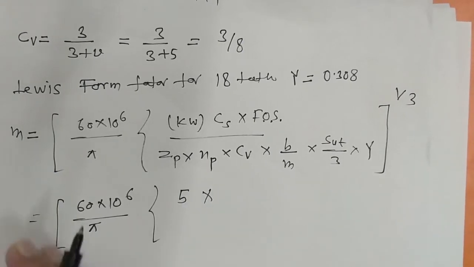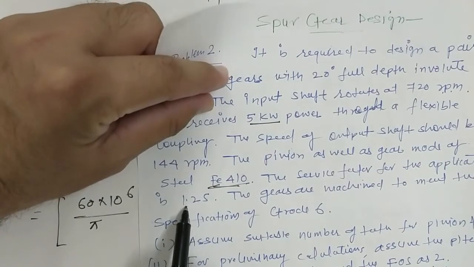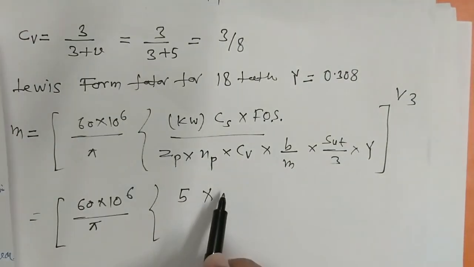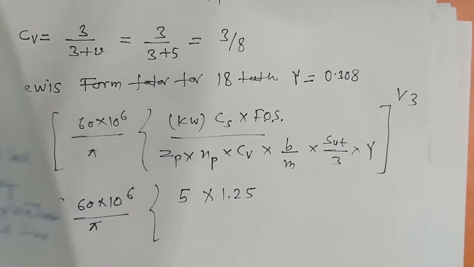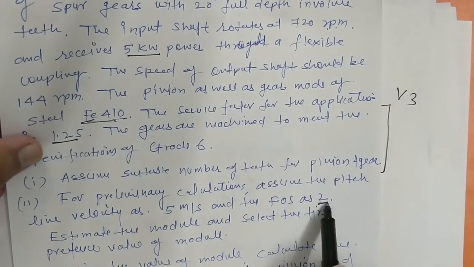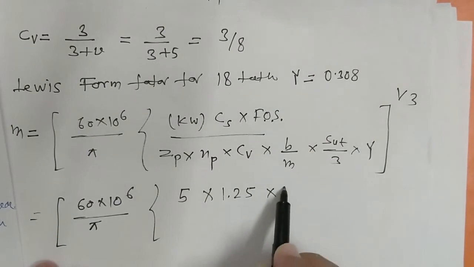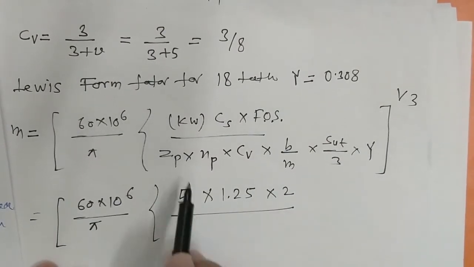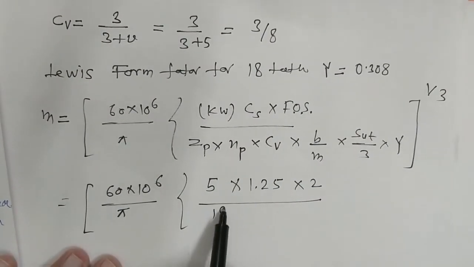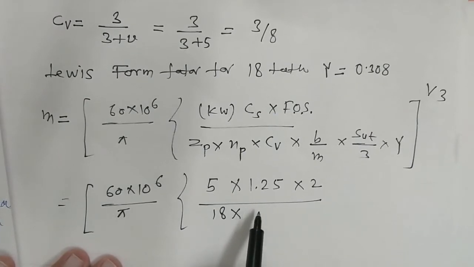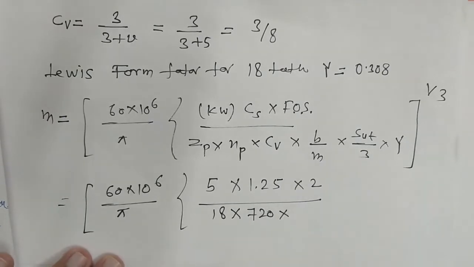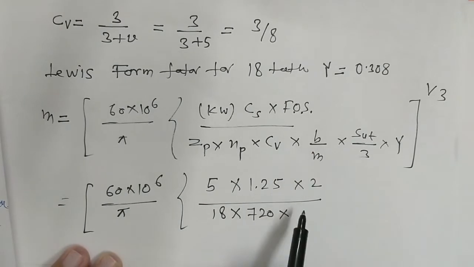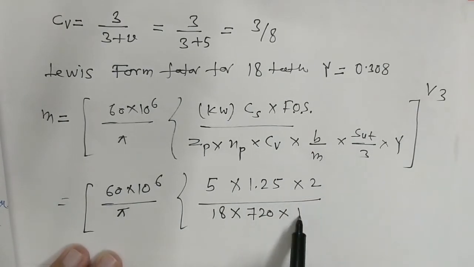Service factor is given as 1.25, and factor of safety is given as 2, so this is 2 divided by ZP, which is 18, NP is given as 720, and usually face width is taken as 10 times module, so 10 times module divided by module becomes 10.